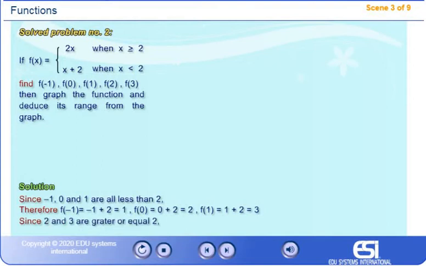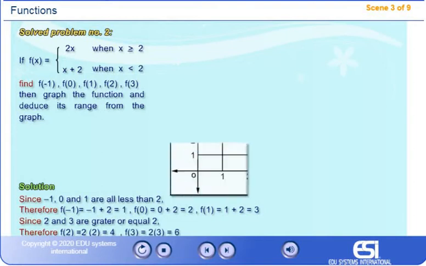Since 2 and 3 are greater than or equal to 2, therefore, f of 2 equals 2 times 2 equals 4. And f of 3 equals 2 times 3 equals 6.